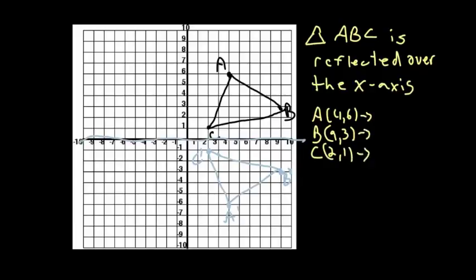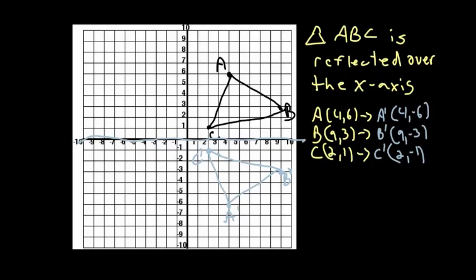And then they were reflected to be A prime, B prime, and C prime, which the new coordinates were 4, -6, 9, -3, and 2, -1.